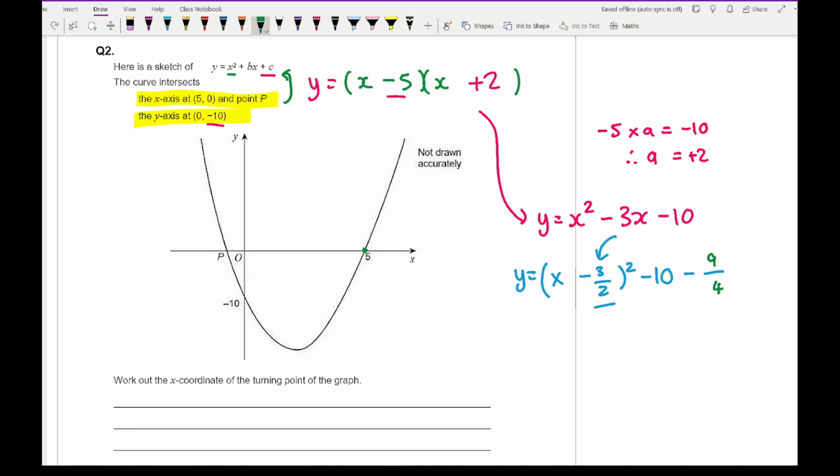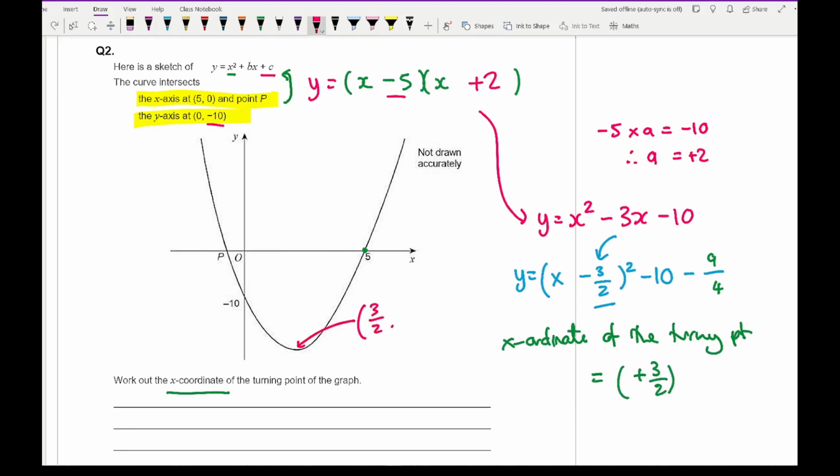Now for this, the question's only asking for the x ordinate. So all I then need to do is say the x ordinate of the turning point is going to be positive 3 over 2. Now if you want to know what the coordinate was, the turning point, this point here, is actually going to be 3 over 2 or 1.5, and it's going to be minus 49 over 4.